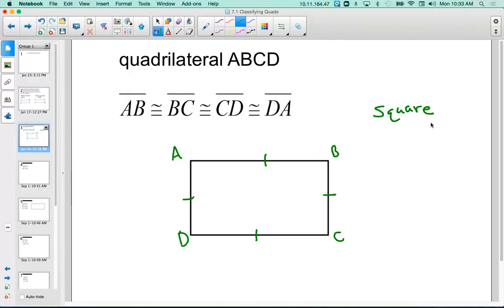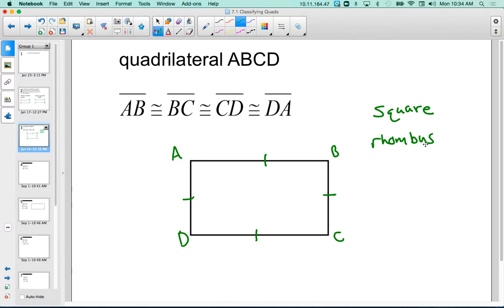So that's a possibility. And I also know that a rhombus also has all four sides congruent. Okay? I think those are the only two of our quadrilaterals where this is going to fit.